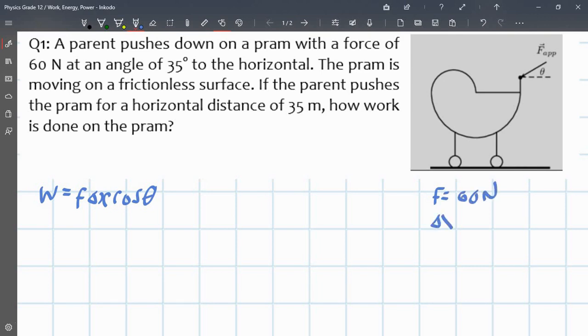Your displacement is equal to 35 meters, and theta is equal to 35 degrees. Sorry, this is 35 meters, not 3 meters.